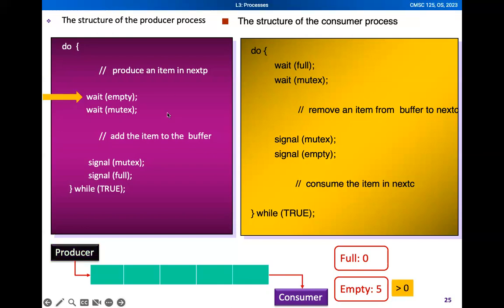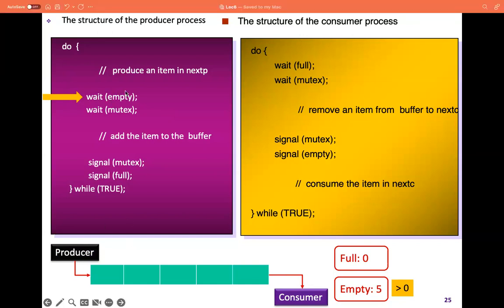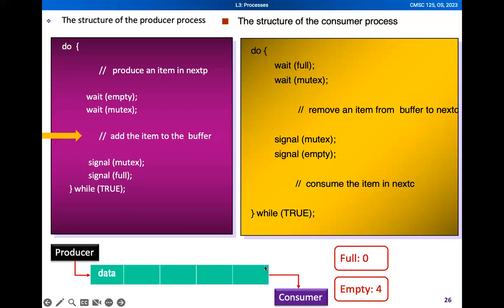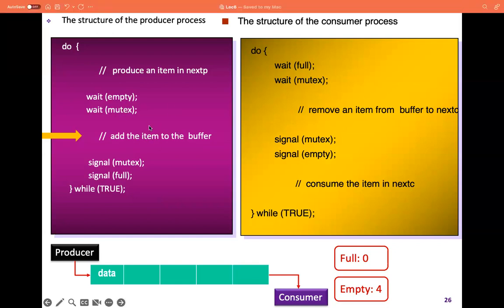Now, the producer wants to add an item into the buffer. So first, it checks if the empty is greater than 0. Okay, so since it is true, because we still have 5 slots that are available or that do not contain any data, then it will proceed. Okay, and it waits for the mutex or locks it, acquires the resource, and it adds an item into the buffer.